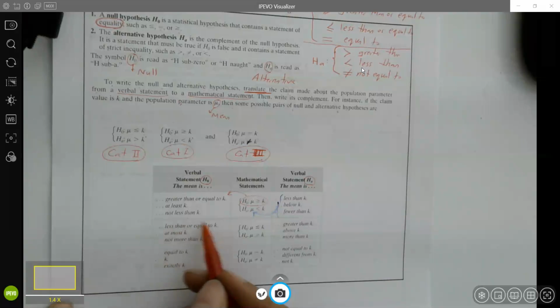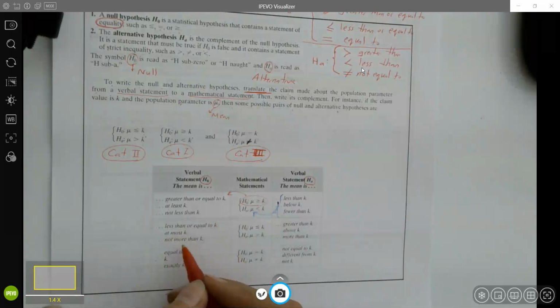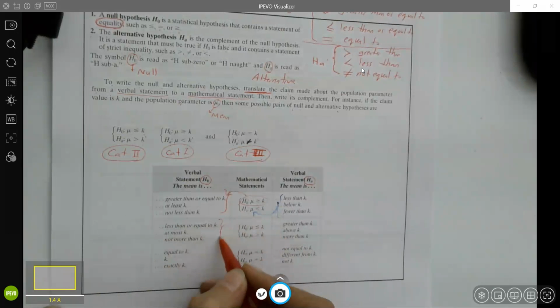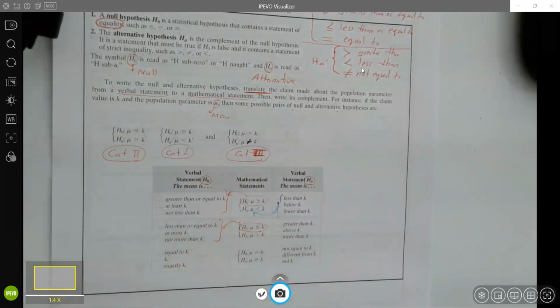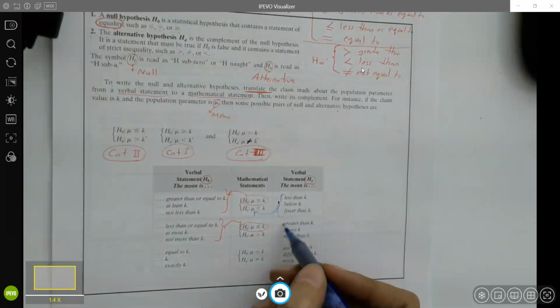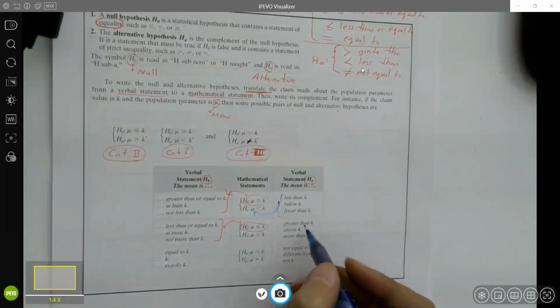Let us move on to the second row. If you have keywords like less than or equal to, at most, not more than, it means that your null hypothesis is given in that example or in that question. What if you see the opposite keywords?